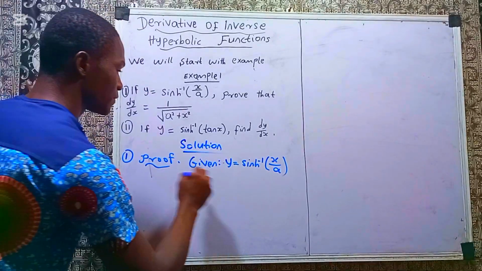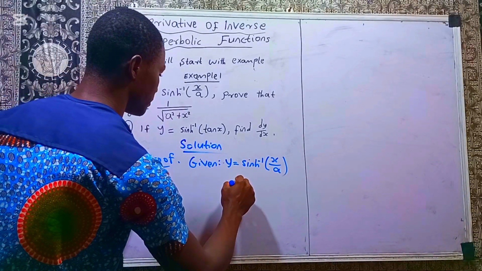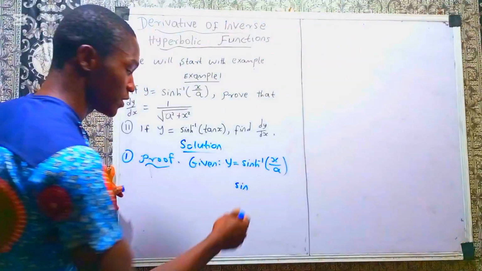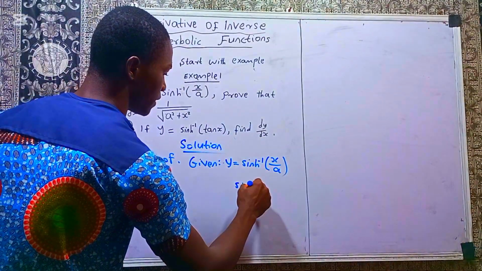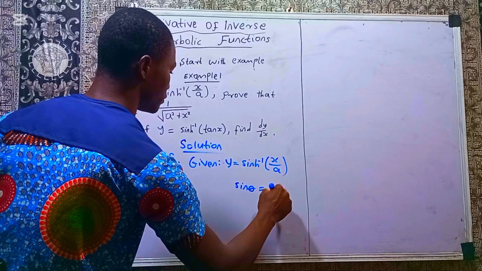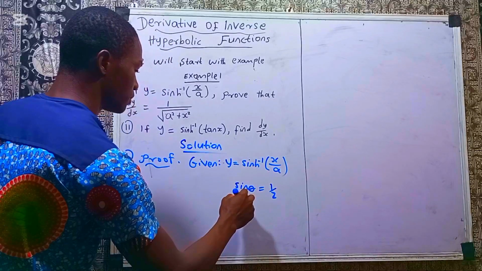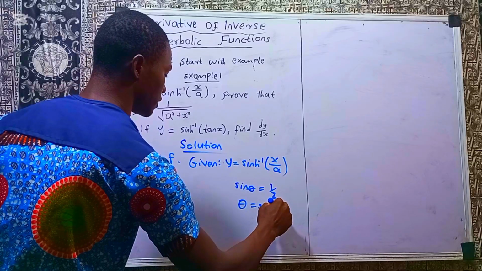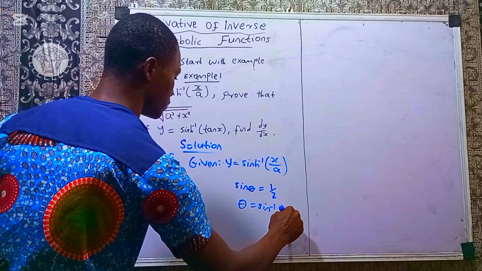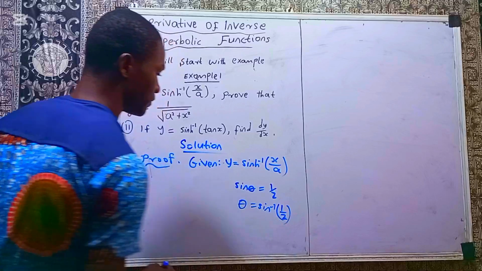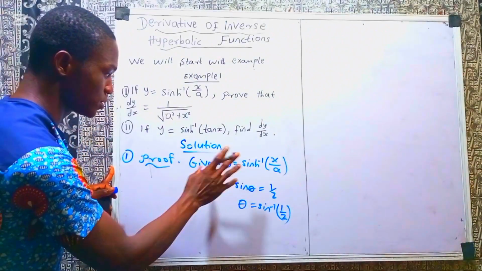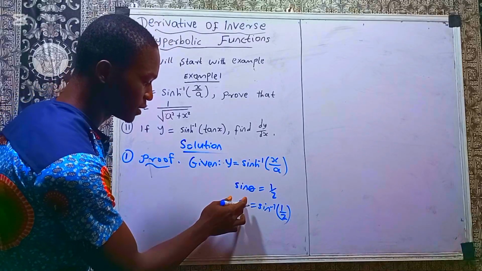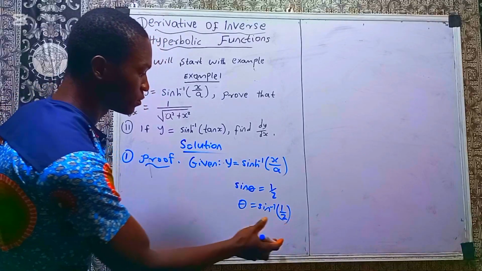Now, if you have something like this, for instance, I'm giving an instance: if you have sine theta equals 1 over 2, this simply implies that theta will be equal to sine inverse of 1 over 2. This is just an instance. We want to use similar illustration here.